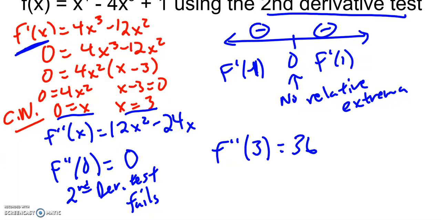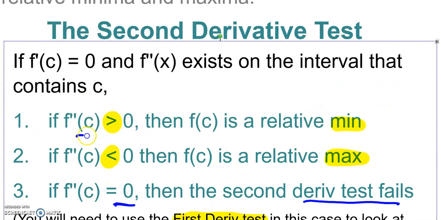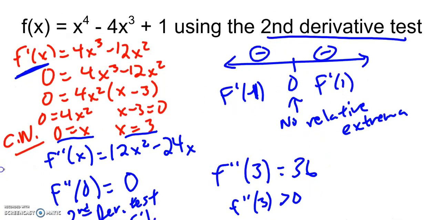So let's come back to the case with the 3. This case was positive, so again, it was greater than 0. Let's go back to our guidelines here. Since it was greater than 0, that means we have a relative minimum at the x value of 3.